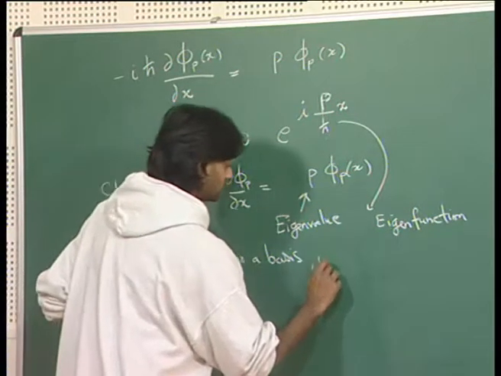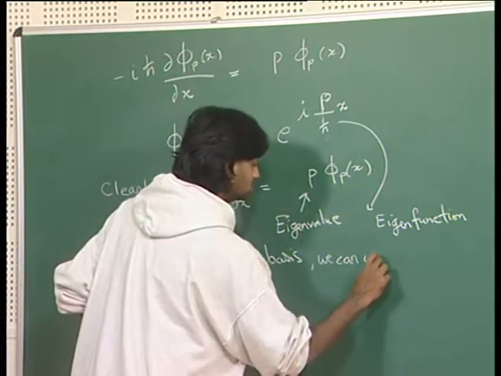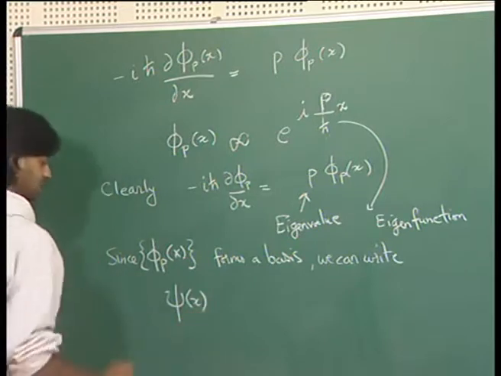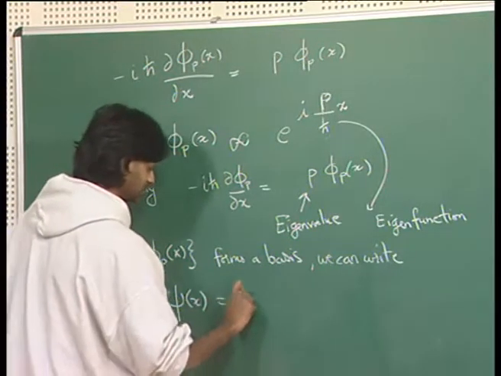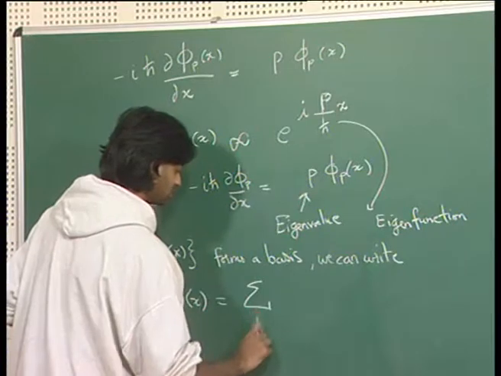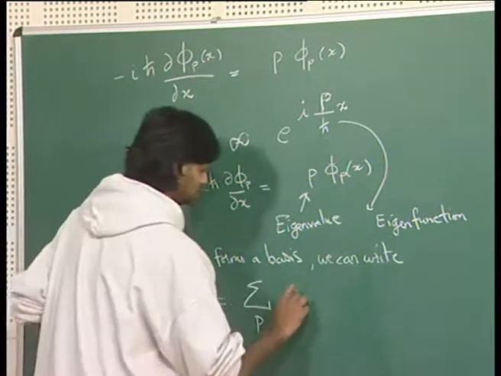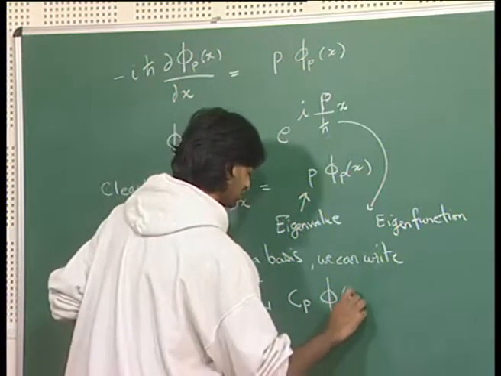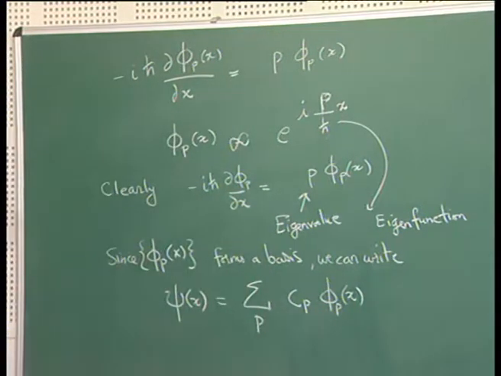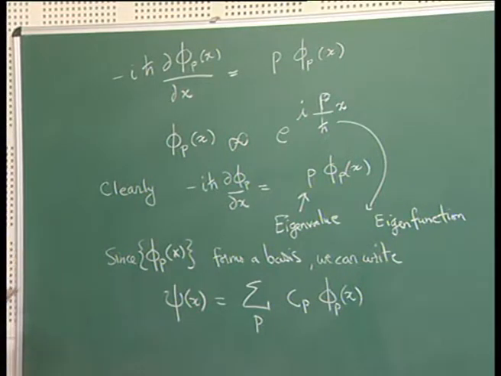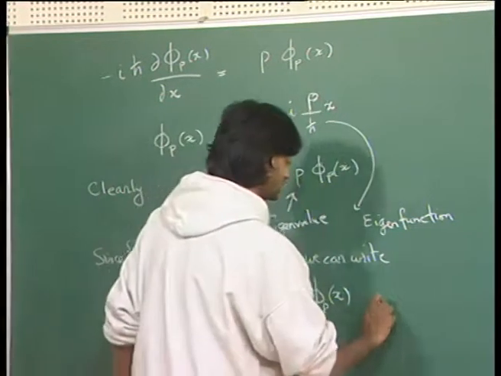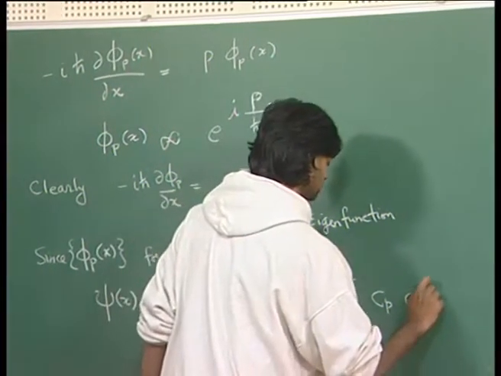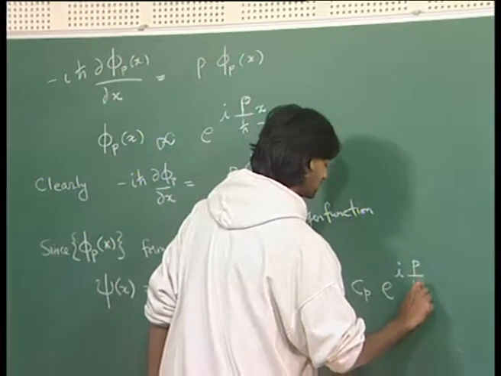We can write psi of x, any arbitrary wave function, is equal to the sum over all values of p, coefficient C p phi p of x. Okay, so, you can write it in this form. So, this is just the sum over p of C p e to the i p by h cross x.